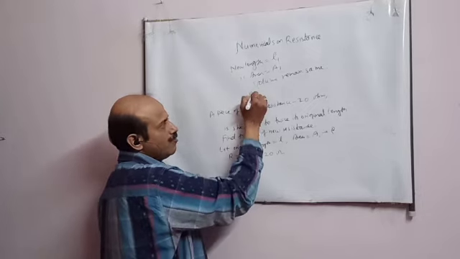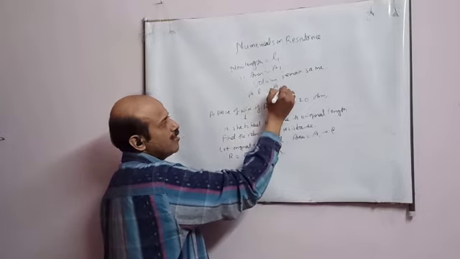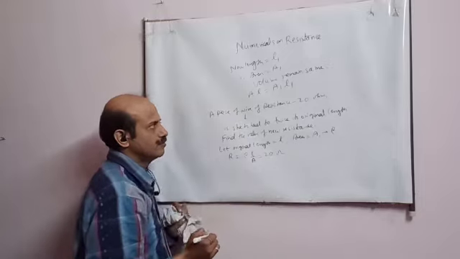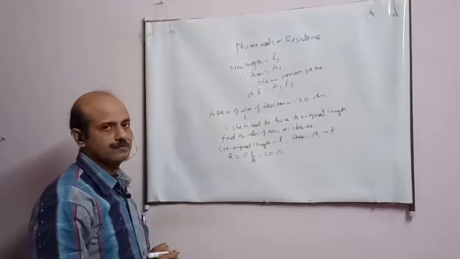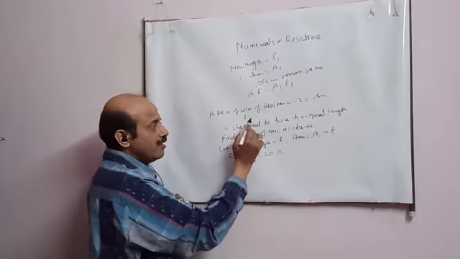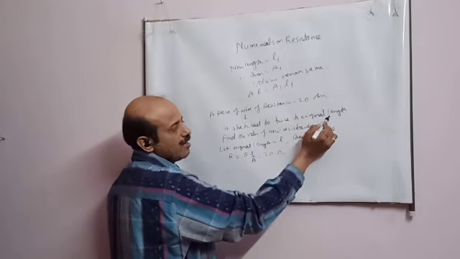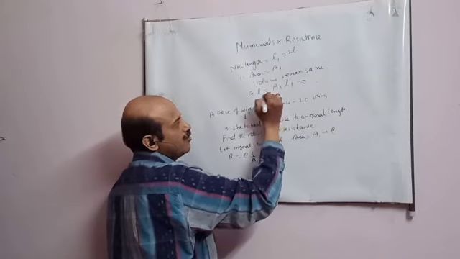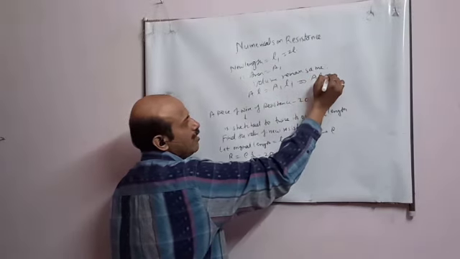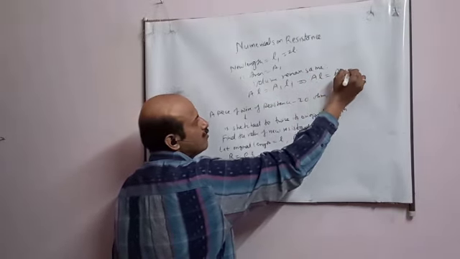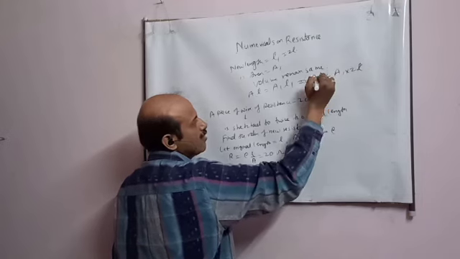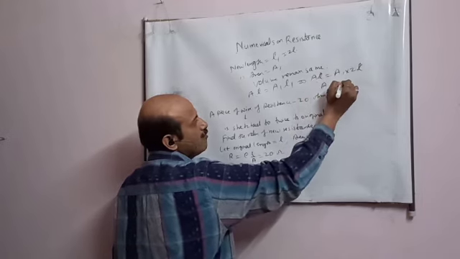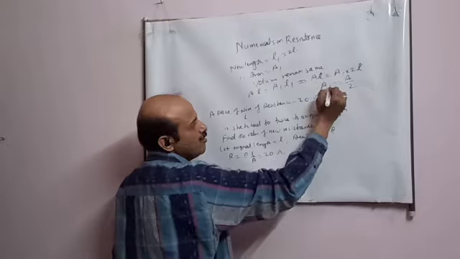So the initial volume is A into L, and the final volume is A1 L1. It is given that it is stretched to twice its original length, so L1 is twice L. Substituting, AL is equal to A1 into twice L. L cancels, so I get A1 as A by 2. This is the new area.